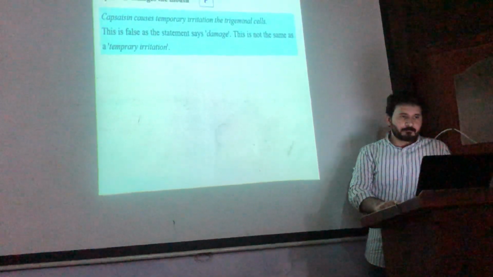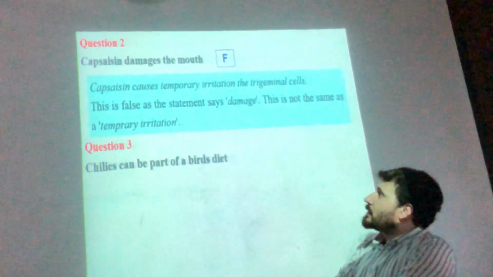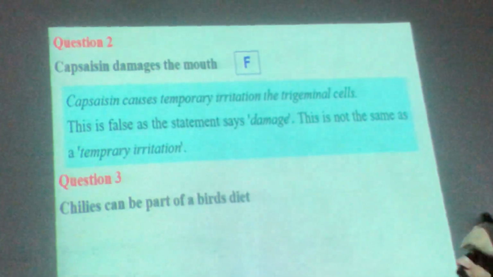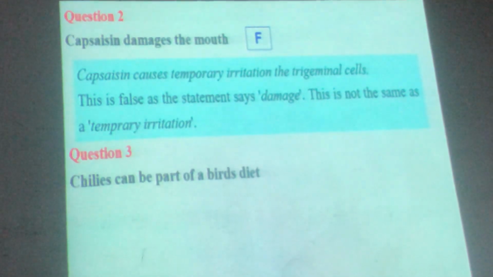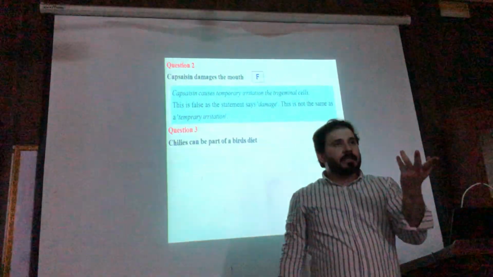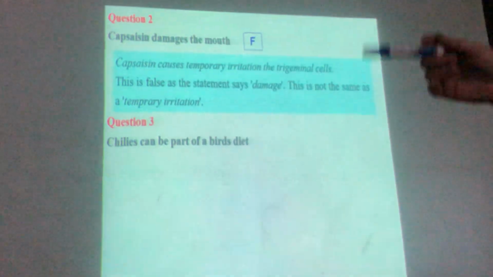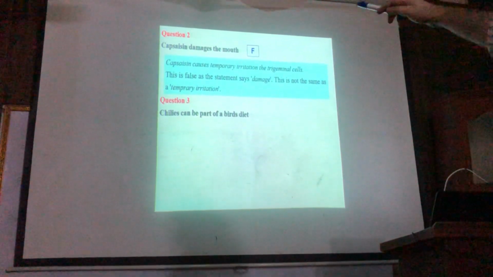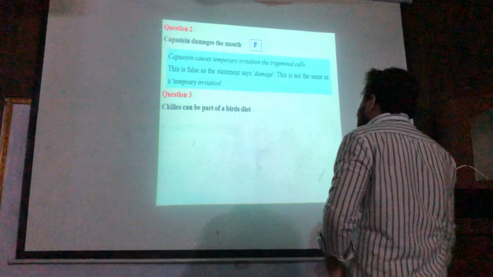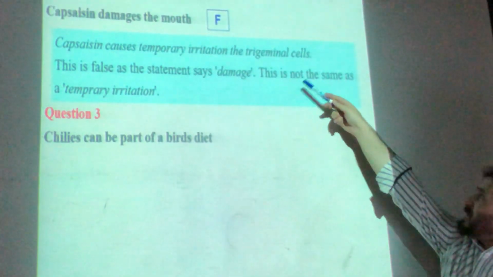Okay, now we come to the next part. The question is about wordplay: capsaicin damages the mouth. The key word we have is damage. Damage the mouth. The passage says capsaicin causes temporary irritation to the trigeminal cells.